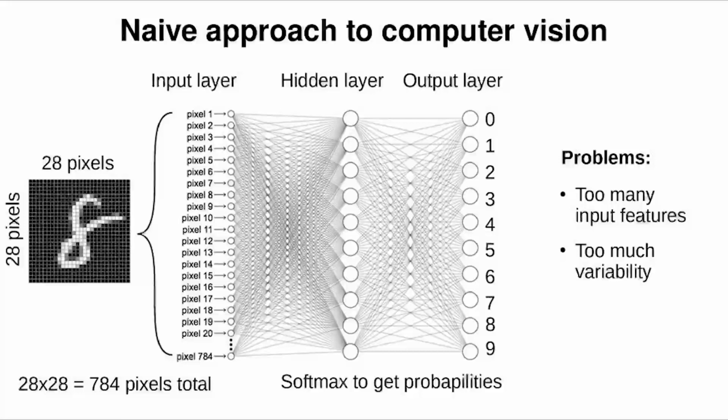As input features, it takes the intensities of all the pixels in the image. For a 28 by 28 pixel grayscale image, there are 784 total pixels with a single intensity value per pixel. Therefore, the input layer has 784 neurons.